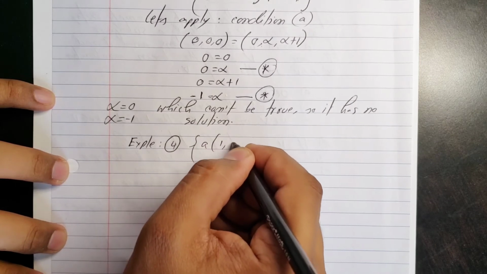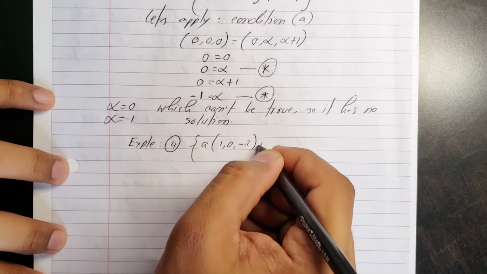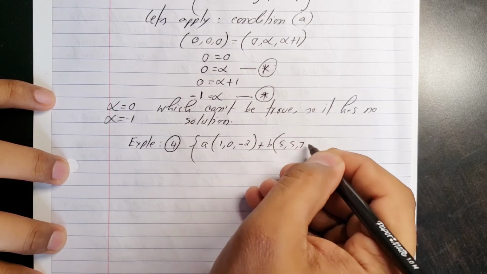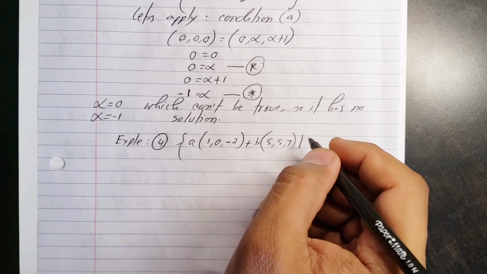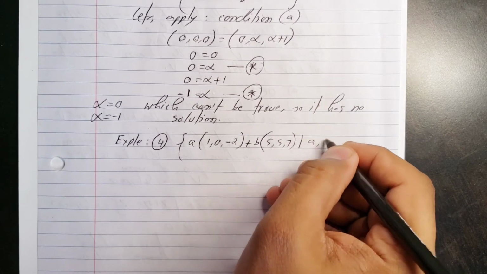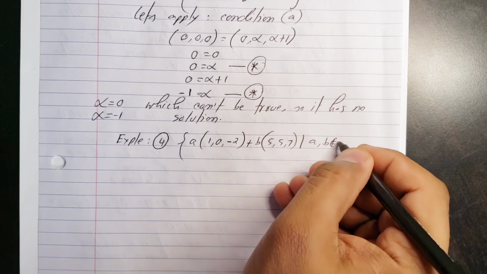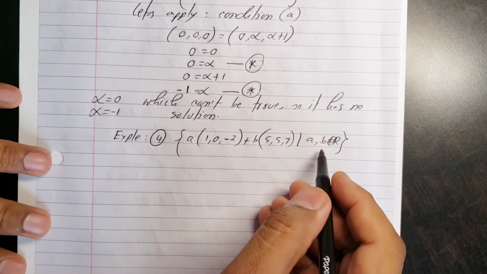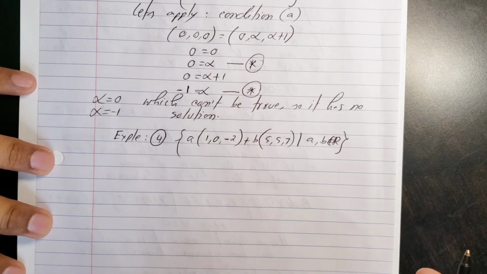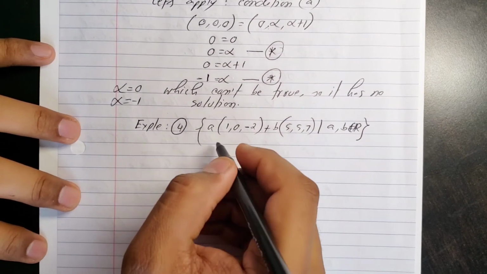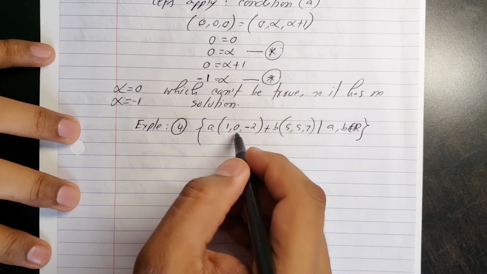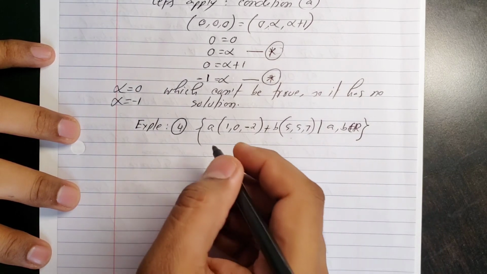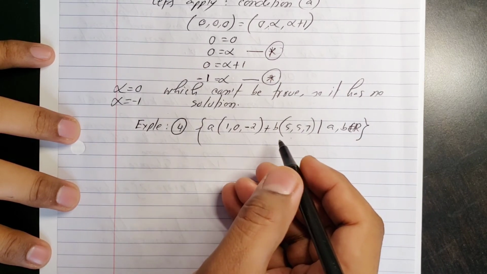A times 1, 0, minus 2 plus B times 5, 5, 7, where A and B are real numbers. Is it a subspace or not? Now you see these two vectors form a linear combination, right?